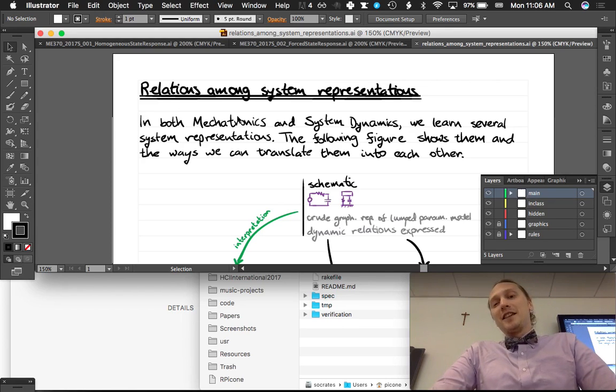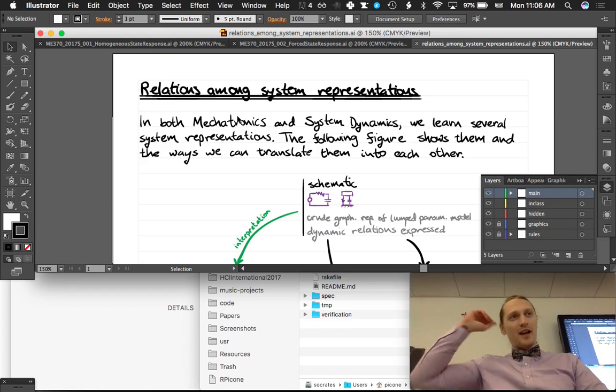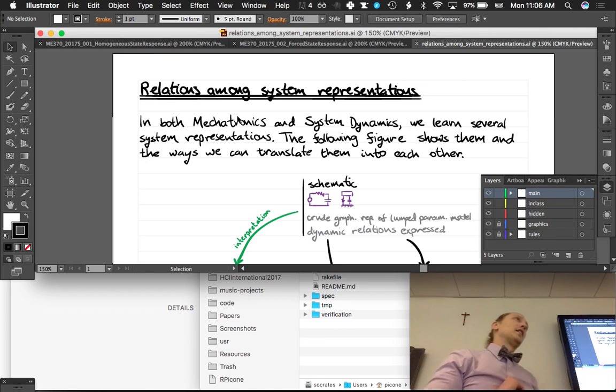But in any case, you learned it, and now we're going to learn how powerful that representation is, and how powerful the ideas of linear graphs and turning a linear graph model into a state space model are.